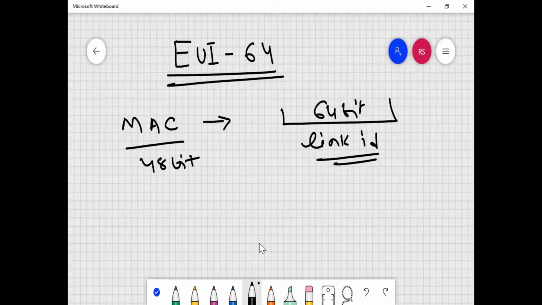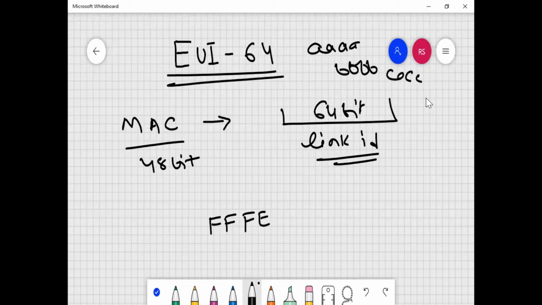So what to do? They came up with a formula: add some more bits, FF and FE, to whatever your MAC is. If your MAC is AAAA, BBBB, CCCC, and DDDD, one more group is required.